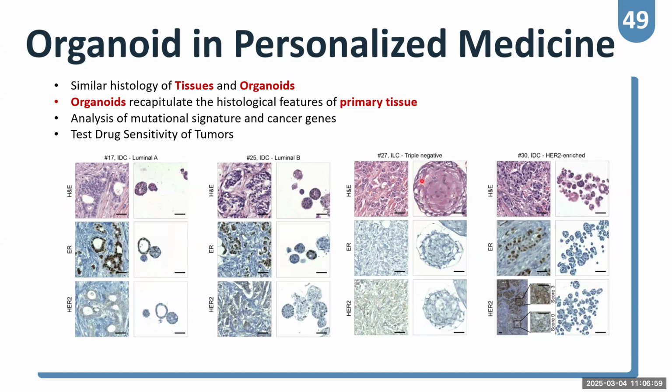You can say 100% the same as the original tumor. And also here, ER and HER2 staining show the same staining pattern, in both the original tumor and the organoid that we sectioned as FFPE and made the IHC staining.